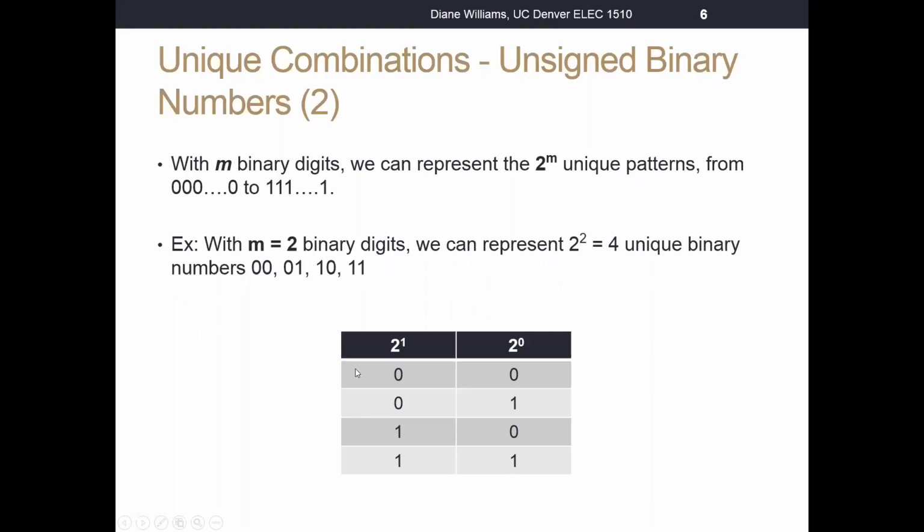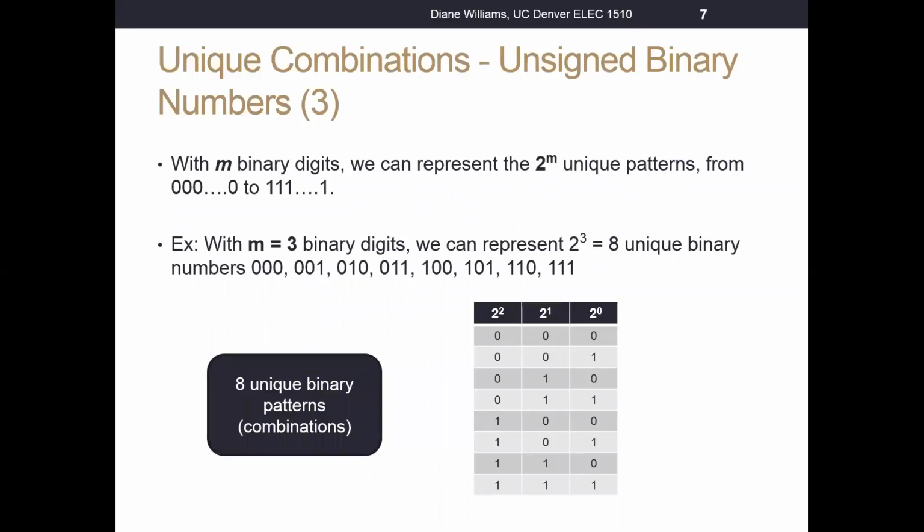So here's the pattern: 0, 0, 0, 1, 1, 0, 1, 1. Those are the 4 unique patterns we can represent. Remember, m is the number of bits. Here with m equals 3 binary digits, we can represent 8 unique patterns. So here's our 3 bits, our powers, and here are 8 unique patterns.